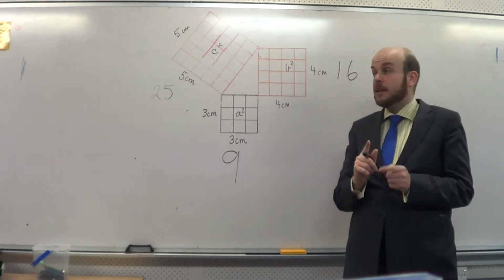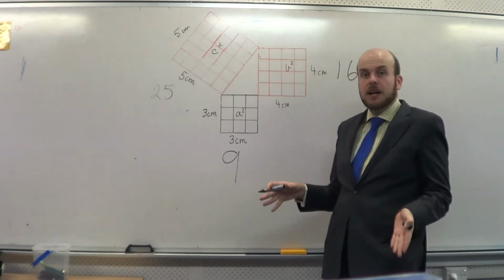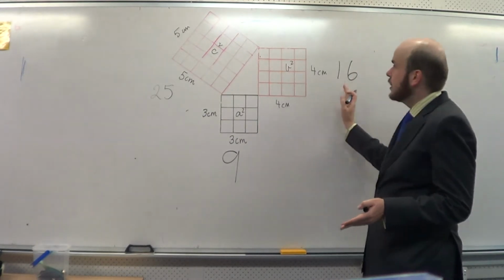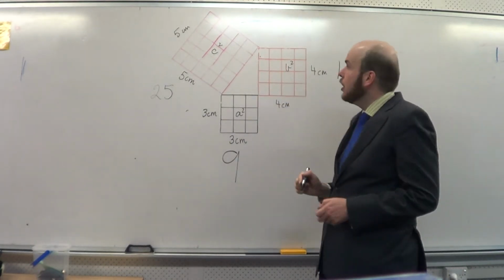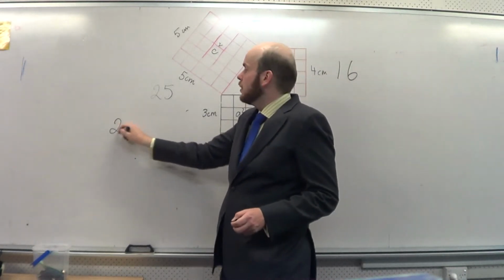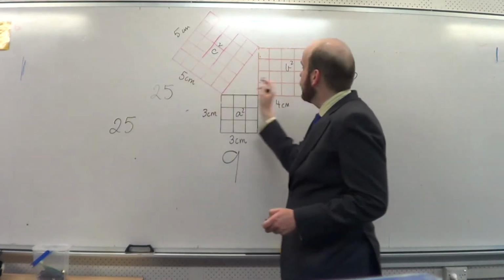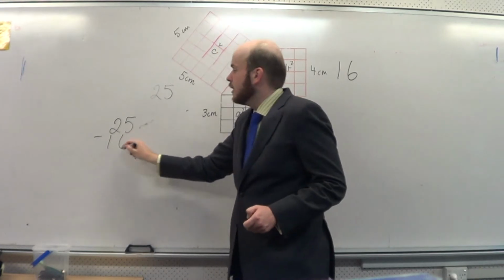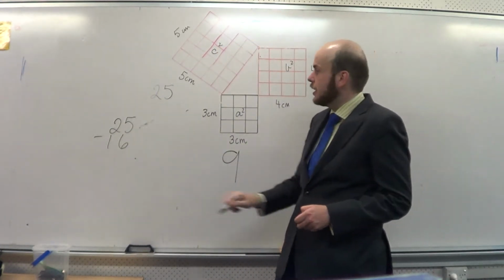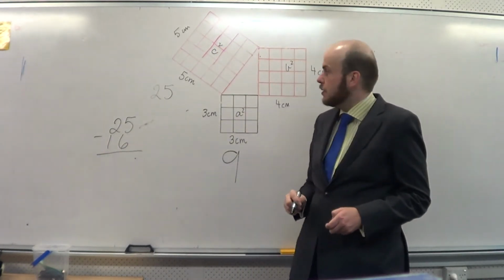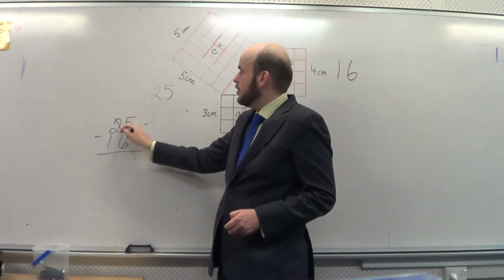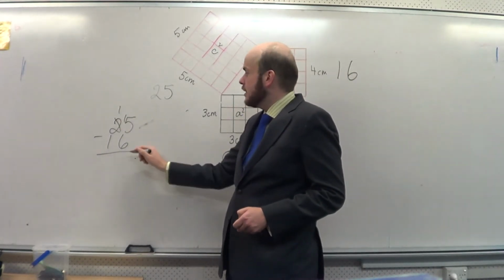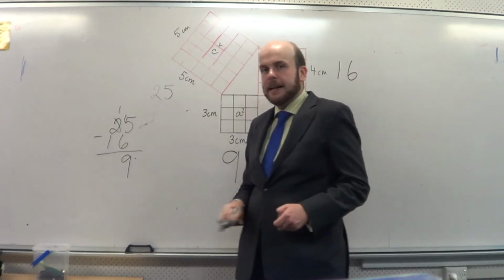So, also we know, let's just say, we know that 9 plus 16 is 25. Well, also, what's 25 take away 16? Okay, 25 take away 16. Well, that's going to be 5 take away 6 you can't do, borrow 1. 15 take away 6 would be 9.